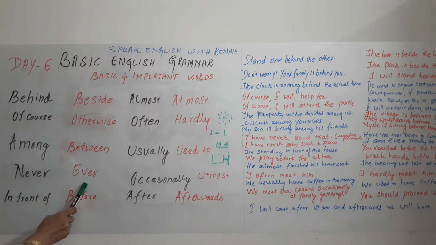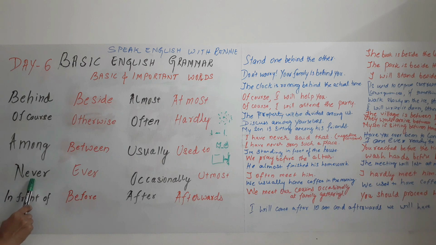Never, ever. Only N is not there here. Here never means not a single time, or we can say it is absence of action or experience in present, past, or future.